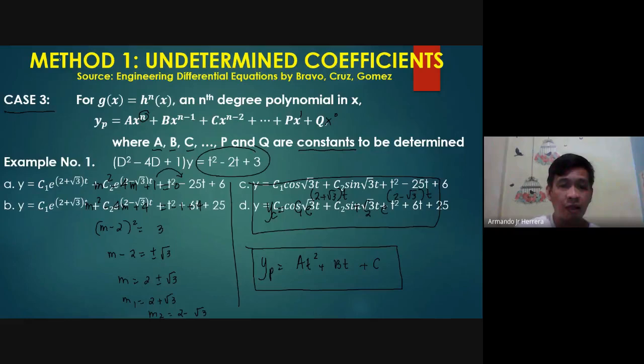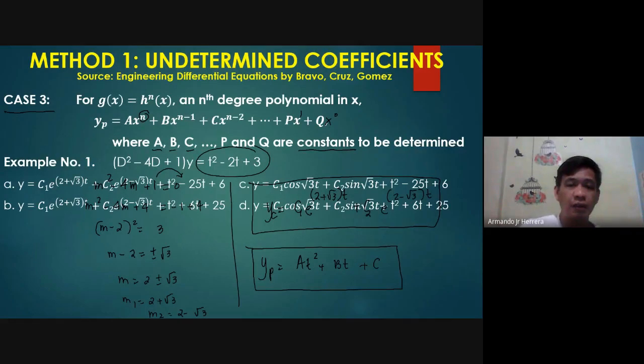So meron tayong y double prime minus 4y prime plus 1 times y is equal to t squared minus 2t plus 3.